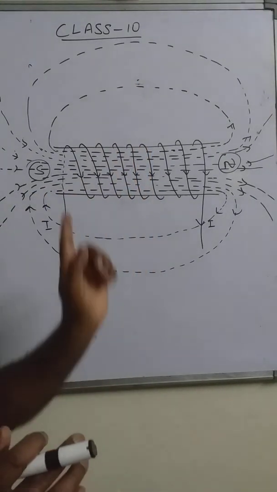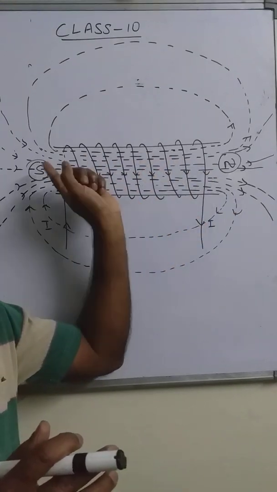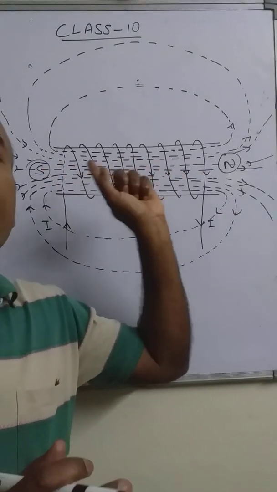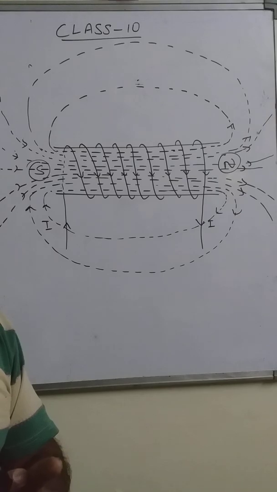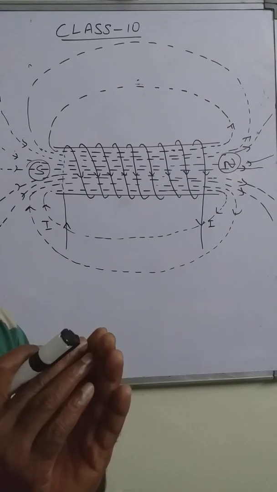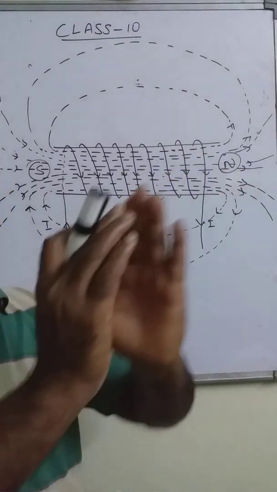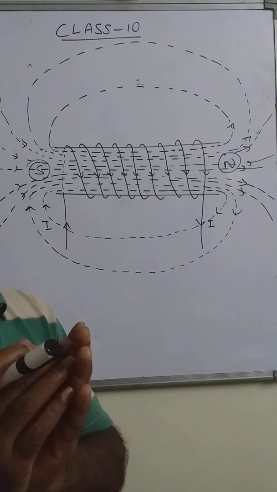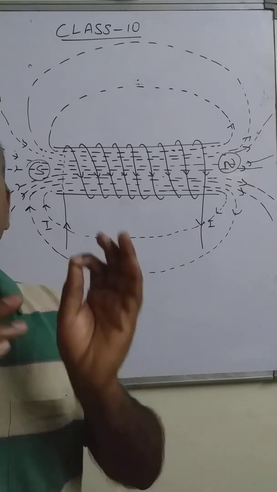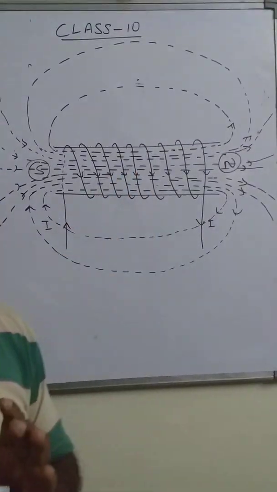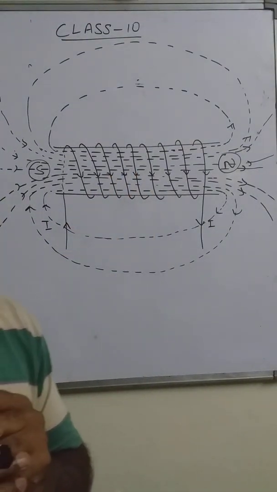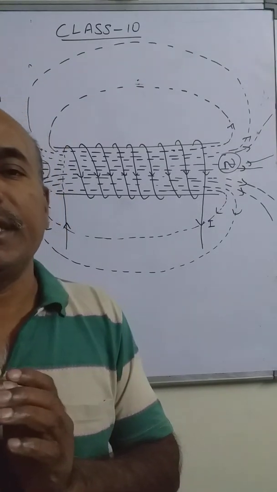And then here all the field lines are parallel to each other. If parallel field lines are in the same direction, then that magnetic field represents a uniform magnetic field. You know about the uniform magnetic field.